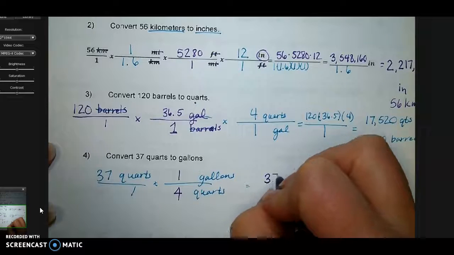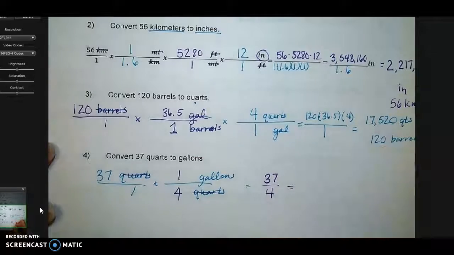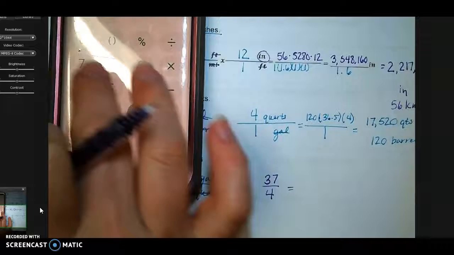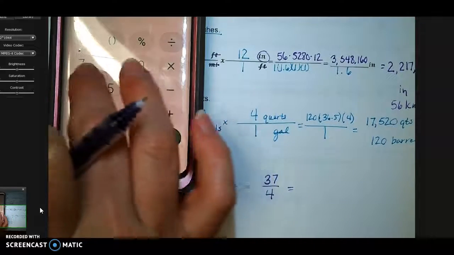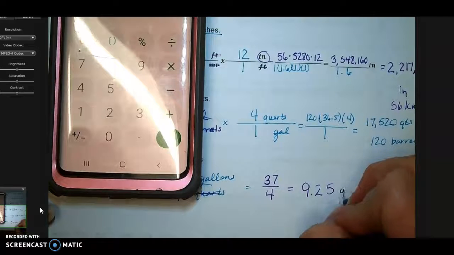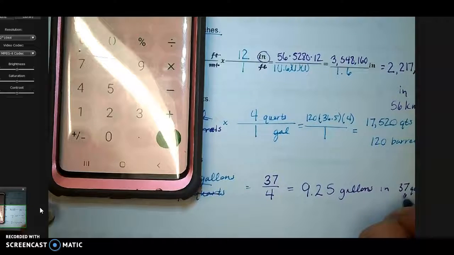So I'm going to end up having 37 divided by 4. So there's 9.25 gallons in 37 quarts.